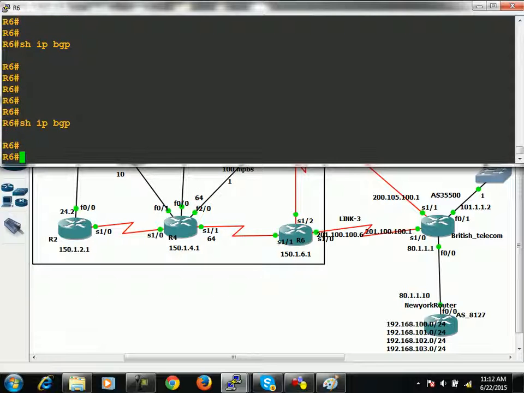See, that's the problem now. There is no advantage of having redundant link. How will you solve this problem?